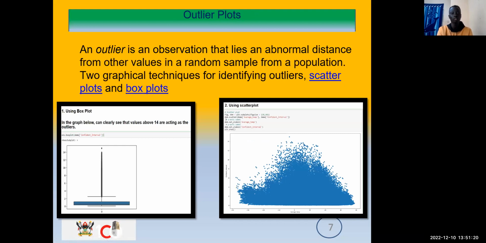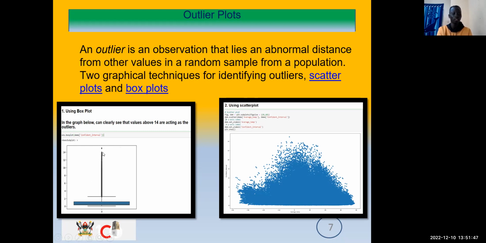Outlier plots. An outlier is an observation that lies at an abnormal distance from other values in a random sample of data. So we're going to have two graphical techniques, the scatter plot and the box plot. When we consider the first case, the box plot, we're going to have this kind of graph.